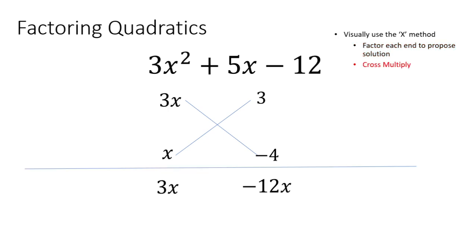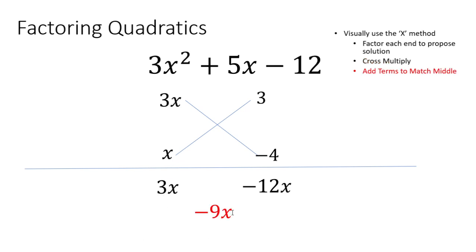Let's take it further and see if we can validate it. So cross multiplying, we have 3x times negative 4 equals negative 12x, and we now have 3 times x equals 3x. Let's simplify those terms, and here we will notice that we get negative 9x, which does not equal 5x.